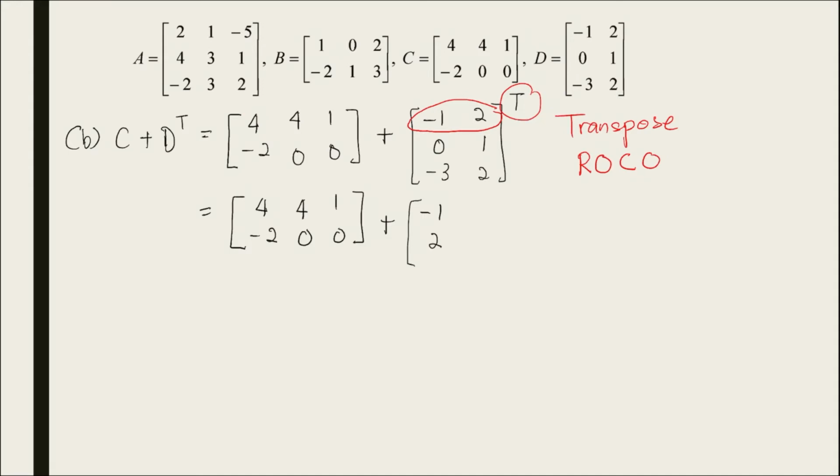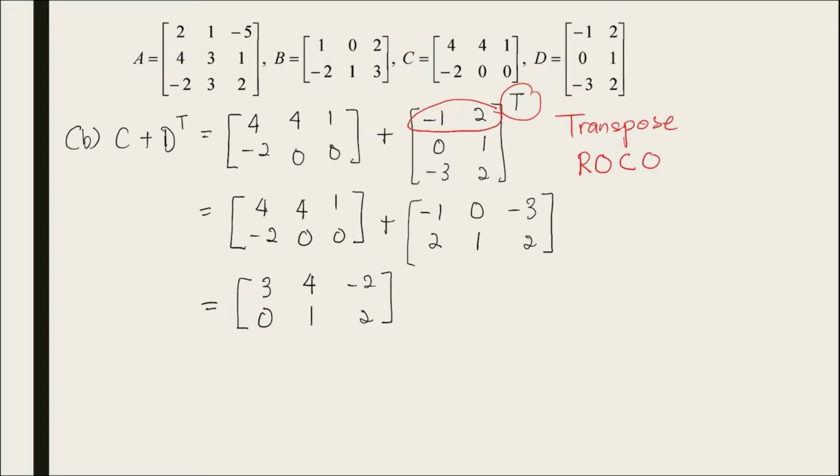Same goes for every row. 0 and 1 will be the column. Negative 3, 2. So now you have D transpose there. You can add the two matrices since they have the same order. Therefore, the final answer is 3, 0, 4, 1, negative 2, 2.